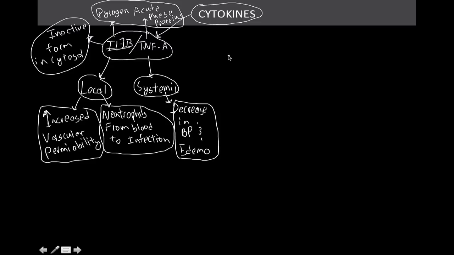All right, so the next one, we'll switch colors, is interleukin 6. And just like before, we have a systemic and we have a local effect. Systemic, local. I should have done those the other way. But anyways, the localized effect of interleukin 6, I should also mention up here that interleukin 6 as well is a primary acute phase protein.